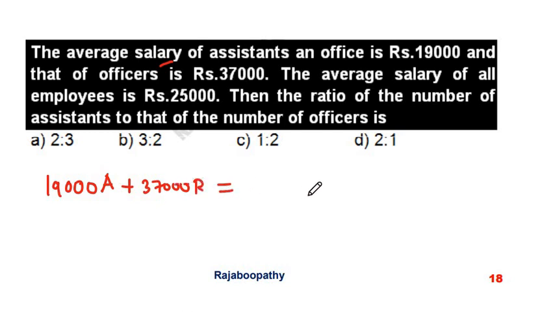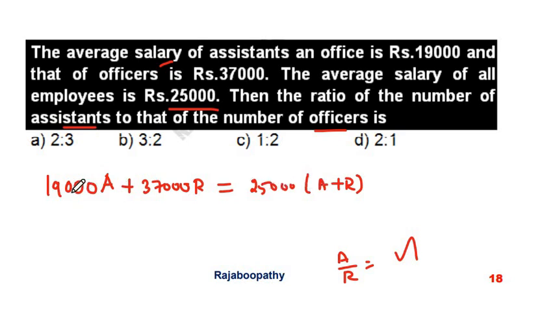This is equal to the average salary of all the employees, assistants and officers, 25,000. So, this is 25,000 of A plus R, the total number of employees. With this equation, I can find A by R, assistants to officers. Once I know A by R, that is the required answer.